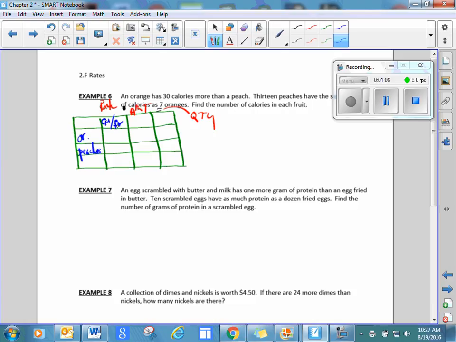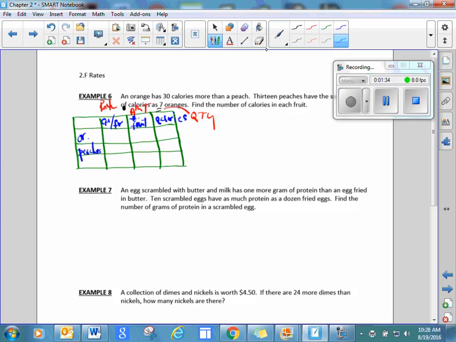How many calories per fruit? The amount is going to be the number of fruit. And that is going to equal the total number of calories, because the fruit cancels, and you're left with calories. I'm sorry, my writing is just terrible. That says calories. Hopefully your writing will be better.